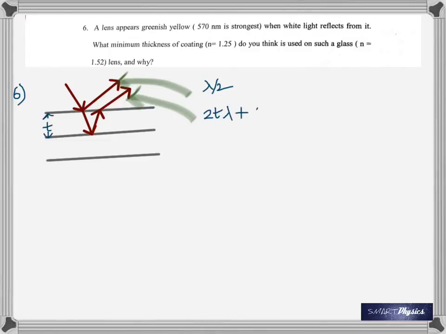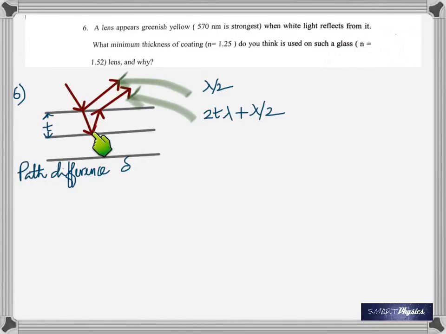And that's a mistake. That should be multiplied by the refractive index, plus lambda by 2. Okay, I'm going to correct that. The reason why you need that here is because it's moving through a material. You need to multiply it with the refractive index of the material, because this ray is only traveling through air.